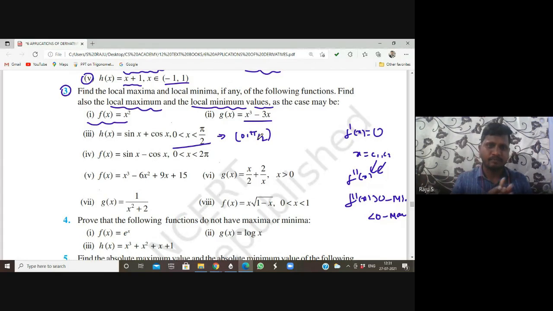Not required. No need to find the second derivative. Students, simply you can substitute the end point 0, you can substitute pi by 2, and if you get any critical point, that point also you can substitute. I'll explain.